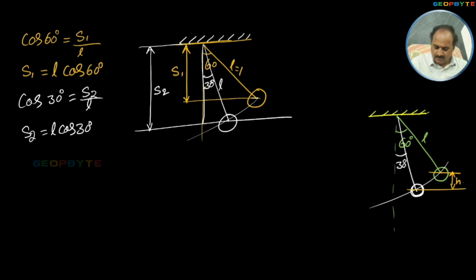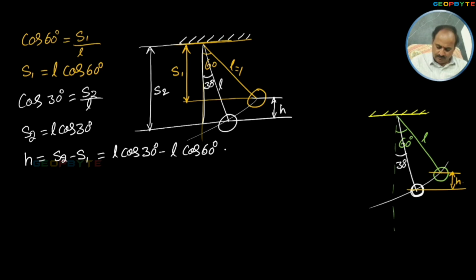Now this is the vertical distance traveled by the bob, h. h equals S2 minus S1, which is L cos 30 minus L cos 60 degrees. Writing L outside, L times cos 30 degrees minus cos 60 degrees.